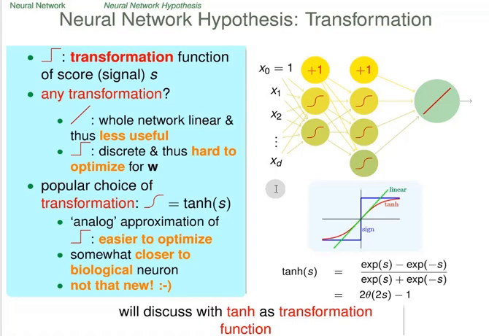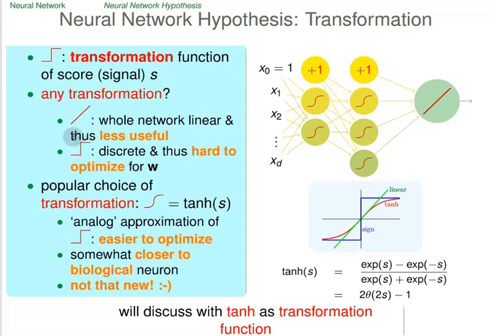So far, we only talked about the sign function as a transformation of the score or the signal denoted by S. The sign function is a step function. And in perceptrons, learning the weights was already a hard combinatorial problem when we used the sign function, right?